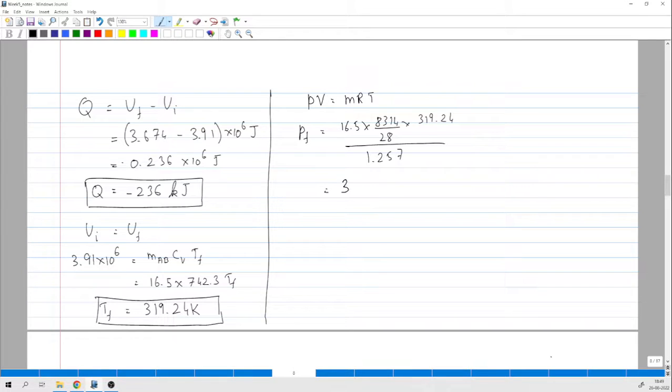This comes to be 34.84 into 10 power 6 pascal, which is 34.84 megapascal.